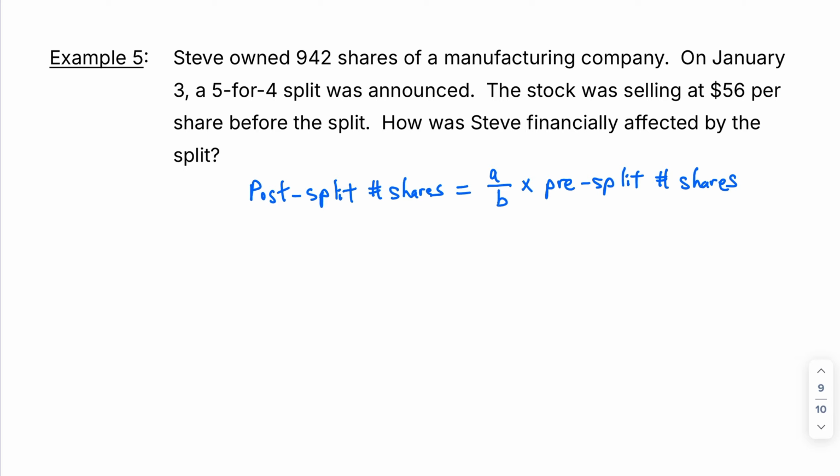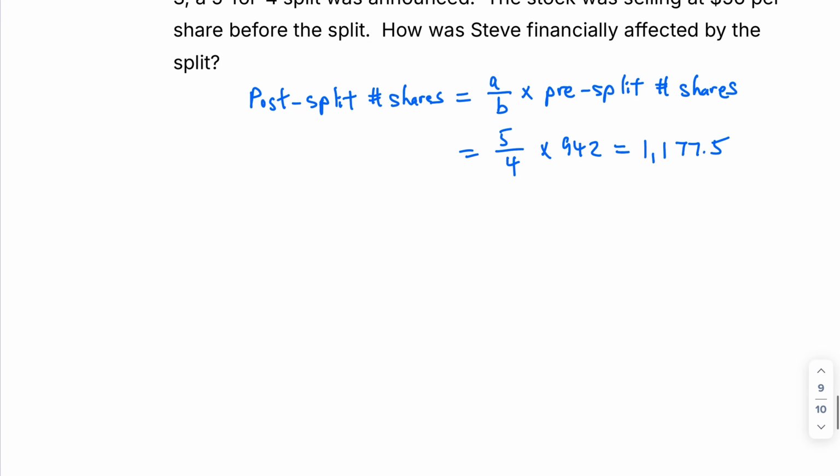So the A is the 5, that's the first number that was presented in the split. And then that would be divided by 4, which is the second number in the split. And we're going to multiply this by 942 shares that Steve owns. Okay. And punching this in the calculator, that works out to 1,177.5 shares.